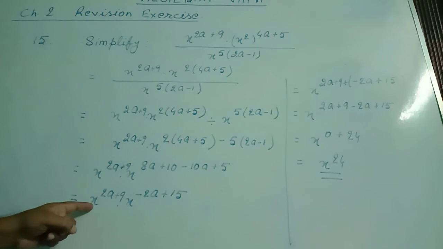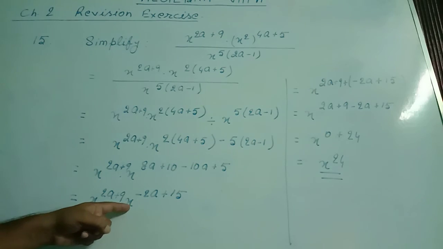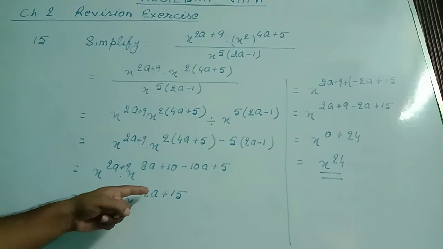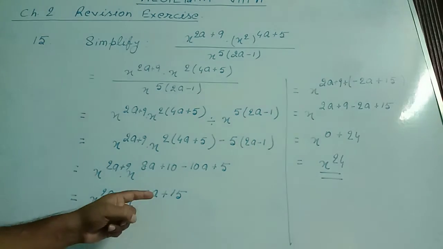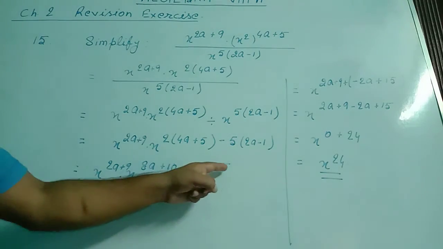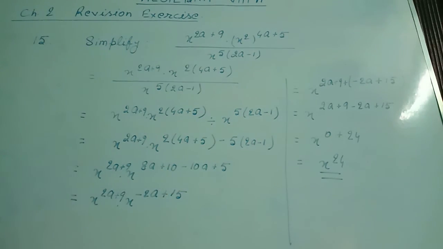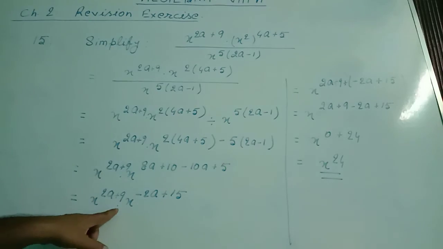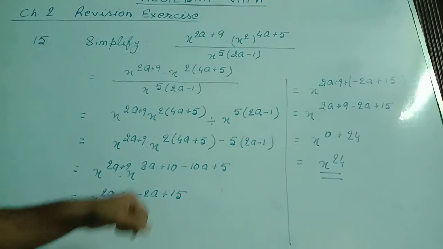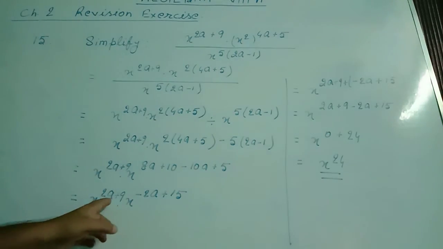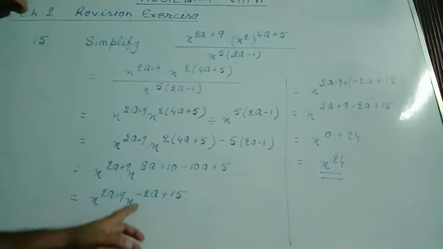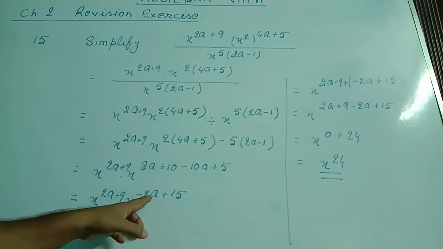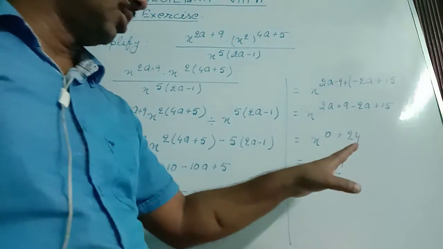So this became x to the power 2a plus 9 into x to the power 8a minus 10a, that is minus 2a, 10 plus 5, 15. Here, since these two are in the form of multiplication, the powers will be added. For that I wrote x to the power 2a plus 9 plus bracket starts minus 2a plus 15 bracket closed.